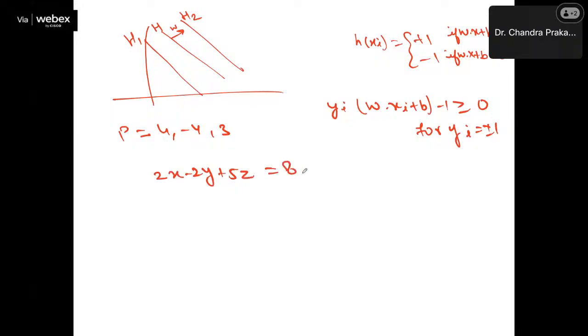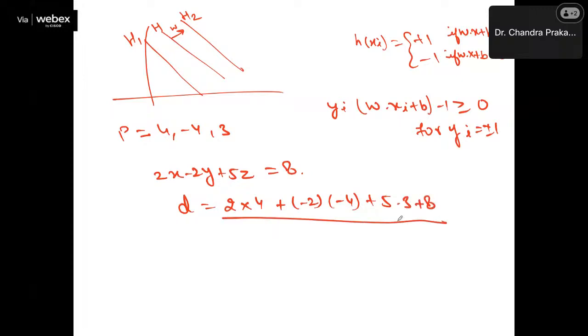So we can say this is the distance of h1 from the origin. We calculate the distance, and in that case for this particular plane it will be 2 into 4 plus minus 2 into minus 4 plus 5 dot 3 plus 8, under root of 2 square plus minus 2 square plus 5 square.